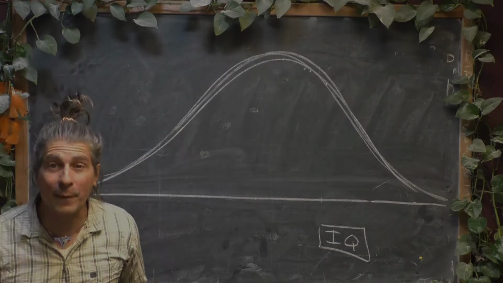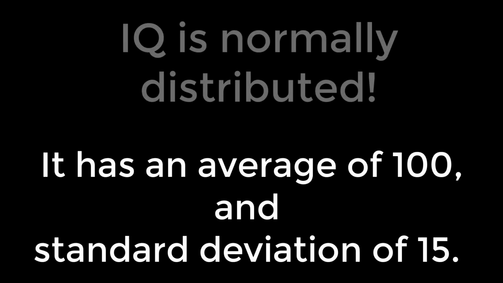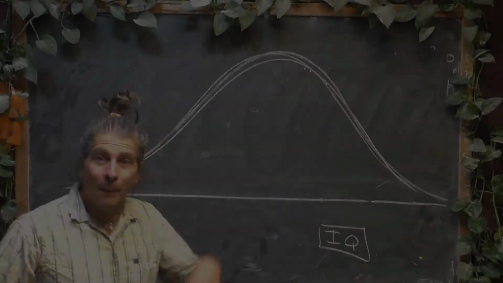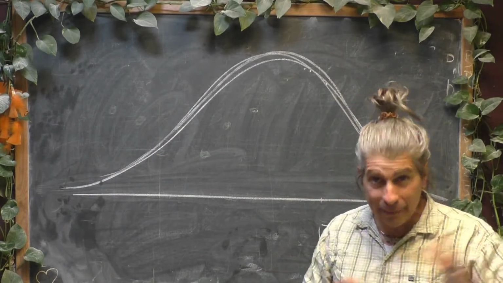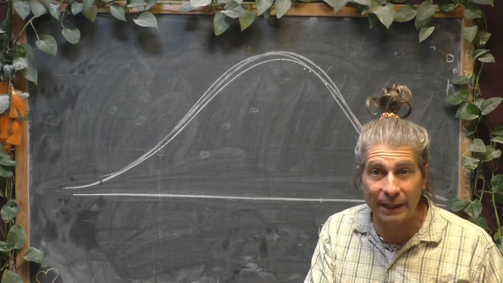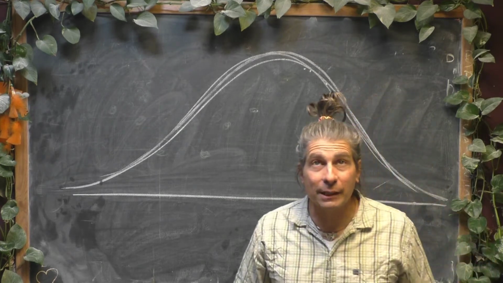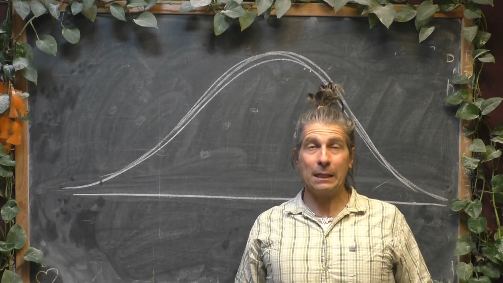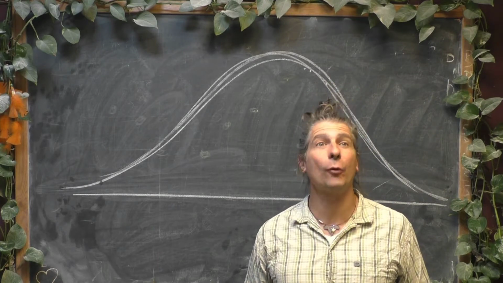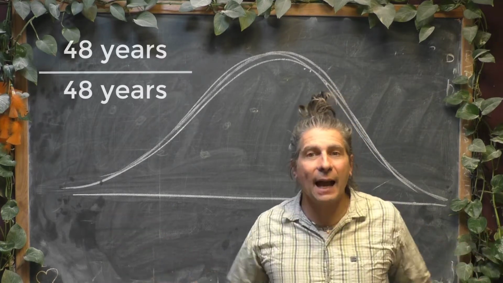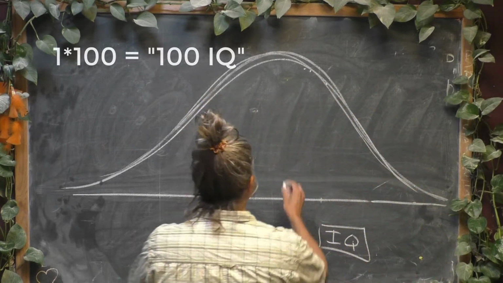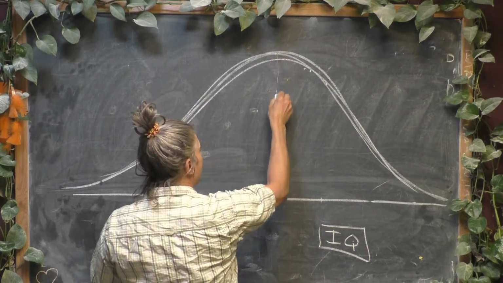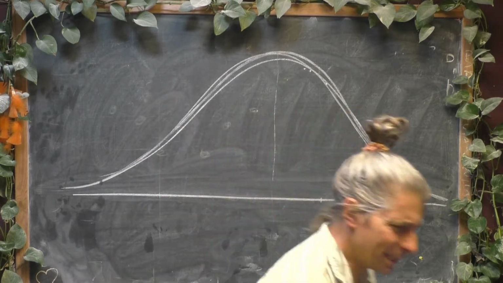Let's get some more information. Okay, so now we know that the average IQ in the general population is 100. Now thinking about that logically, if I'm 48 and I test as a 48-year-old, that means I have an IQ of 100. Okay, I'll buy that. That kind of makes sense. So that means if I drop in a line right here, let's add some color. Let's make this pretty.